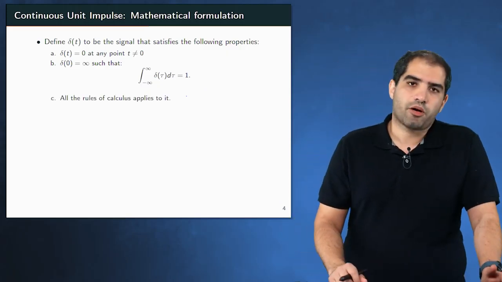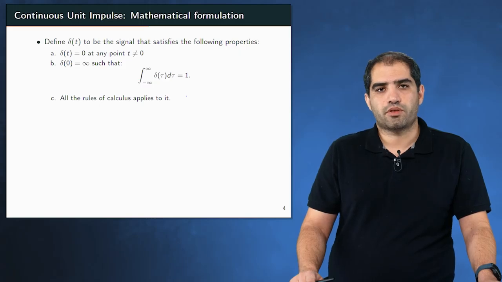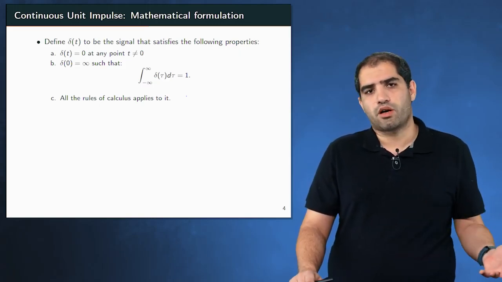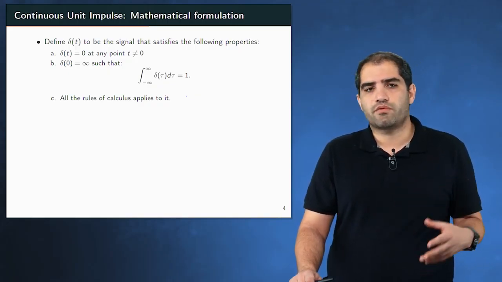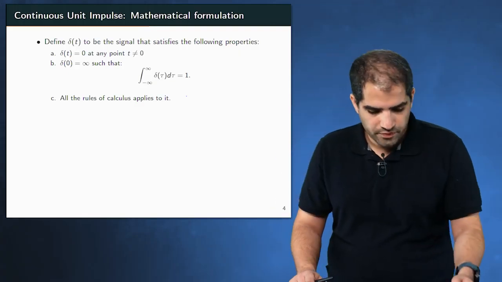And the third property is that all the rules of calculus apply to it. It's very important. So you can do change of variable, you can do u-substitution, you can do all these things using it. You can do derivatives and chain rules. All the rules still apply.